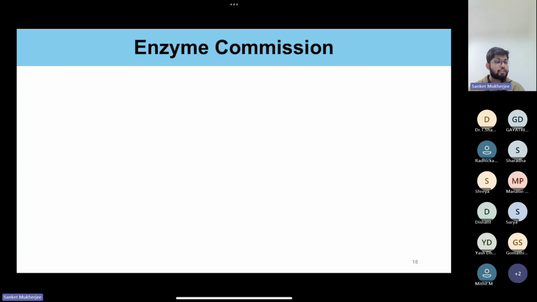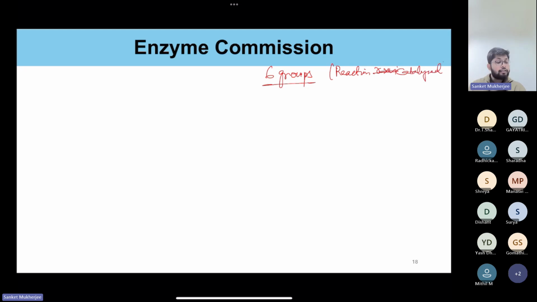There is an Enzyme Commission that has broadly classified the enzymes into 6 groups. We will talk about each group in detail, but they are classified based on the reaction catalyzed by the enzyme.